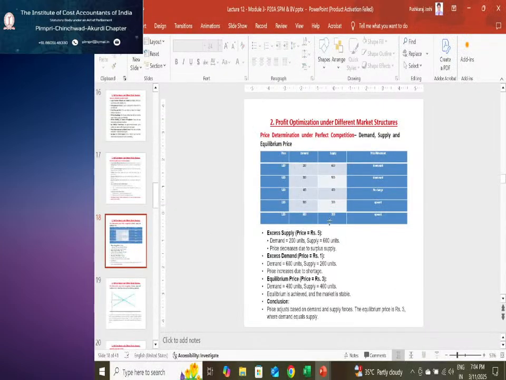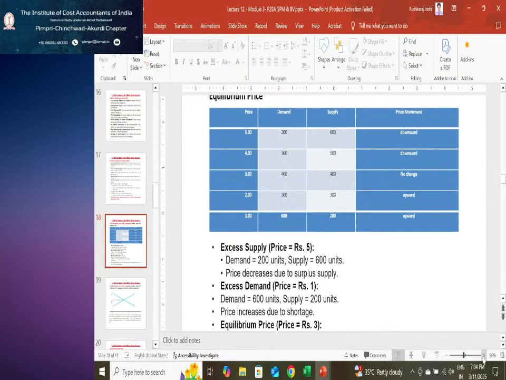So just to explain this table, on the left hand side the column is about price, demand, supply and how the price movement is happening. So let's say if the price of a particular product is ₹5 and the demand is 200 and 600 is the supply, then the price movement is likely to go downward because too much supply is available and less demand.